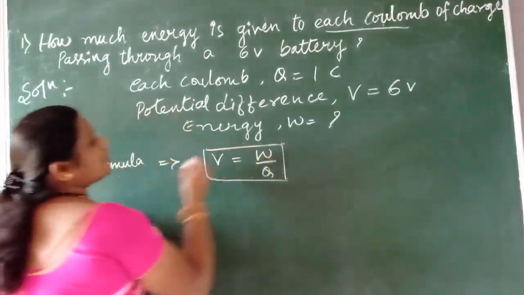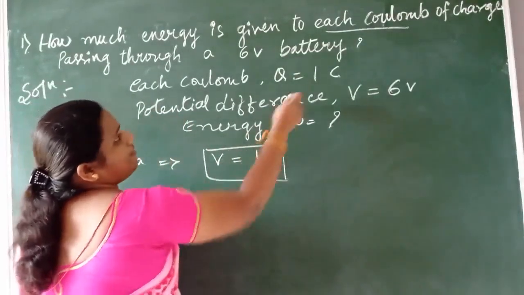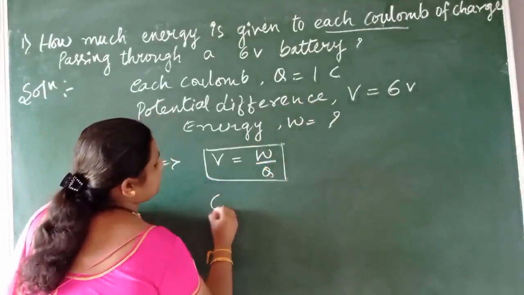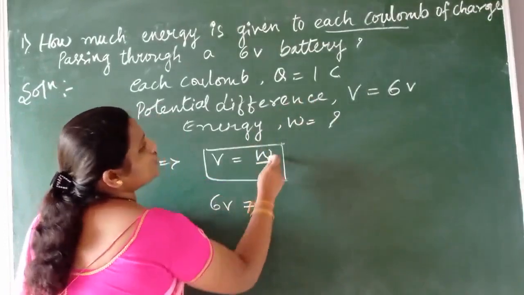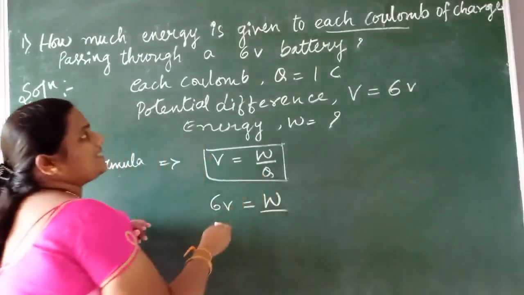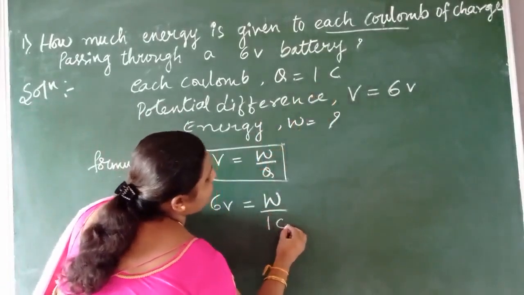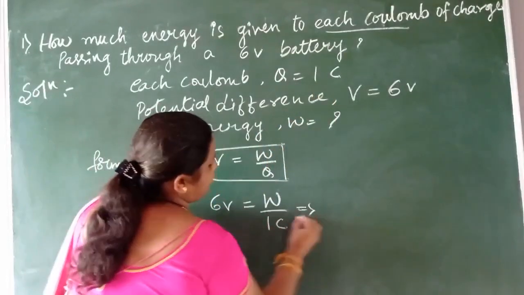Now substitute the given values, children. V is 6 volts, which is equal to W, which we need to calculate, keep it the same, and Q is 1 C. Cross multiply this.